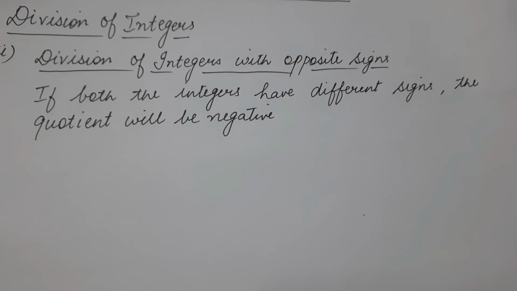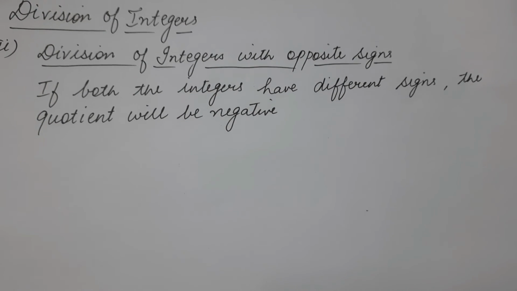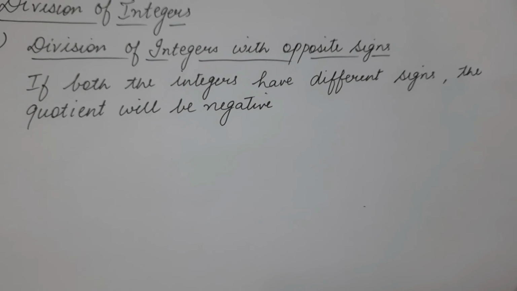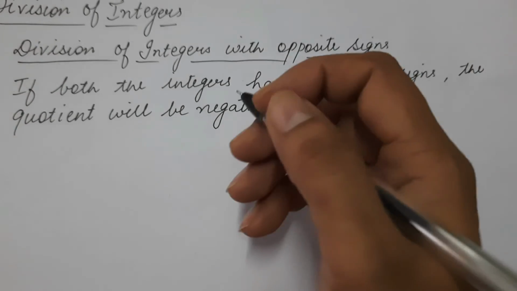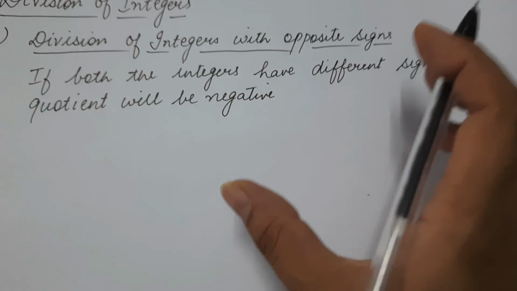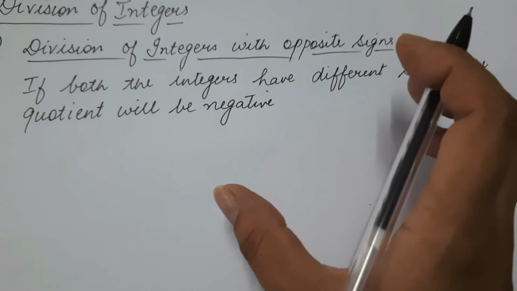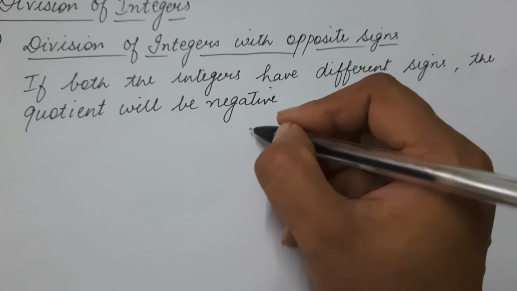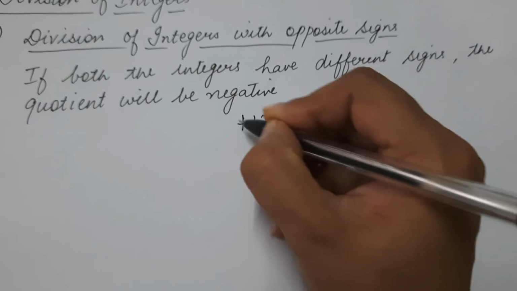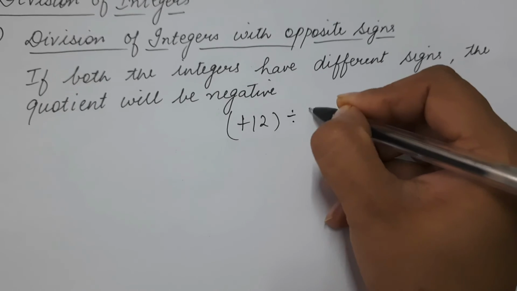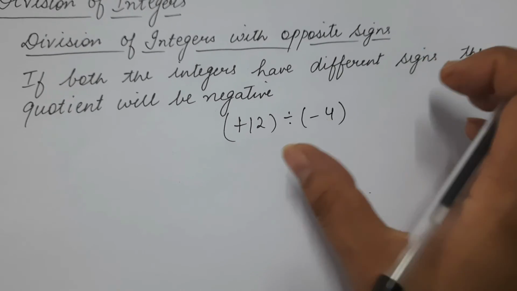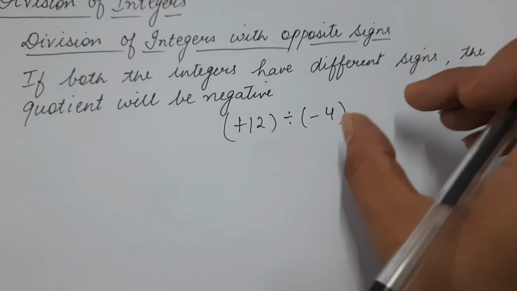See, if both the integers have different signs, then the quotient will be negative. I will explain with an example how we divide integers having opposite signs. Suppose I have to divide plus 12 by minus 4.